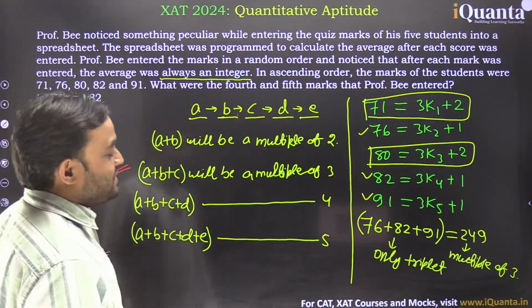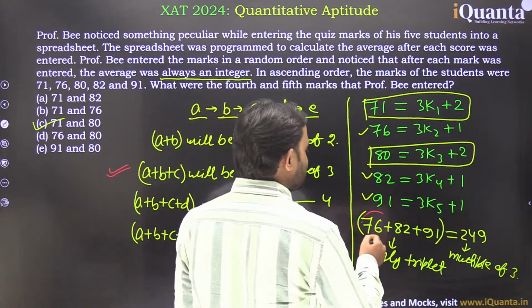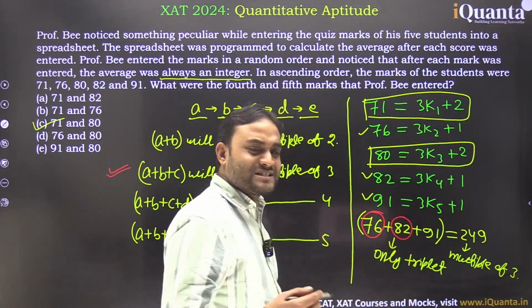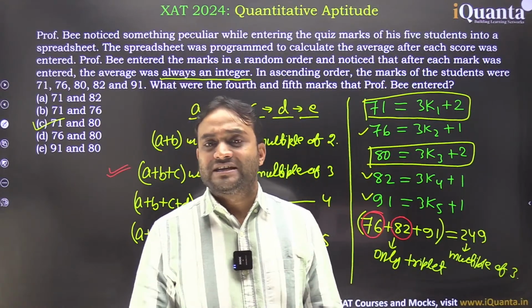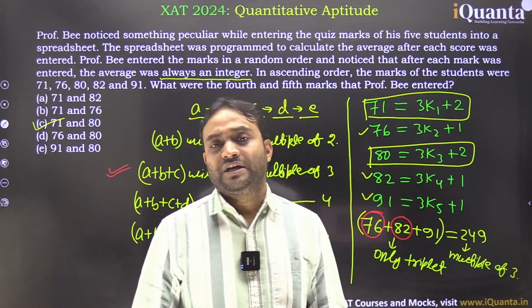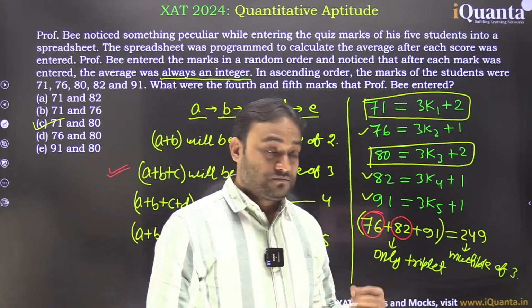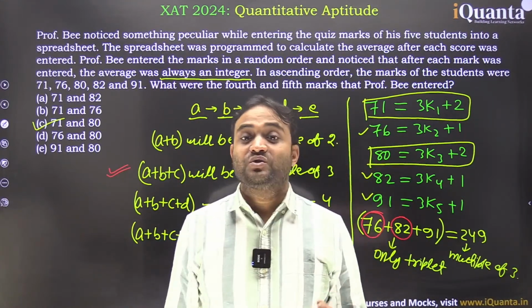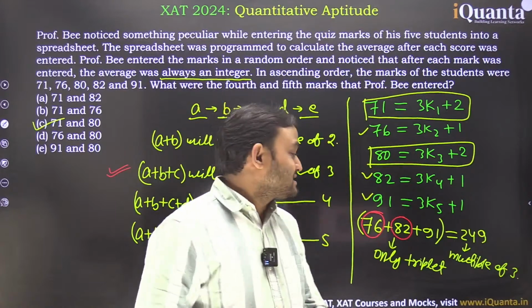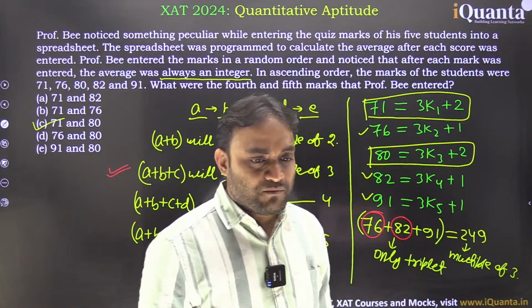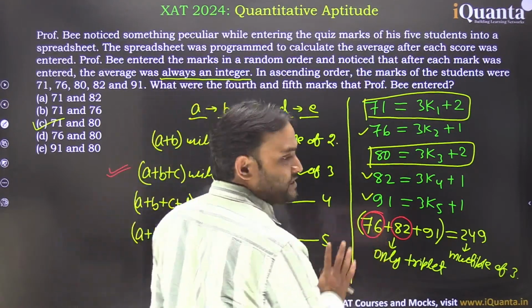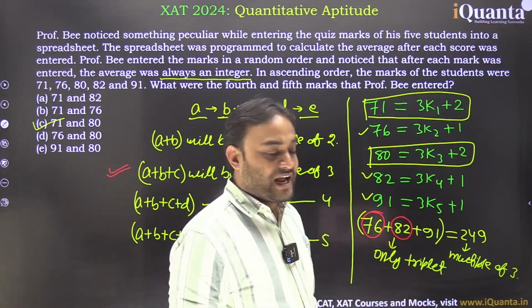It can be any one of 76 or 82, doesn't matter. You can input 76 as the first number and 82 as the second, and the average will be an integer, or you can also put 82 as the first number and 76 as the second, doesn't matter. So the first number could be any one of these two. Third number will be 91.